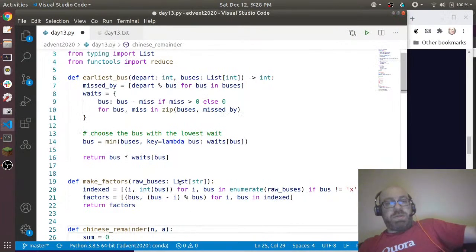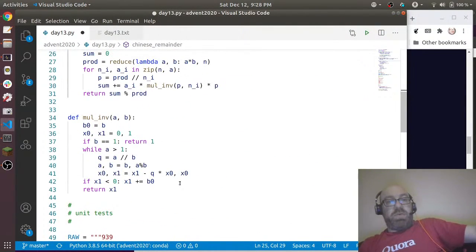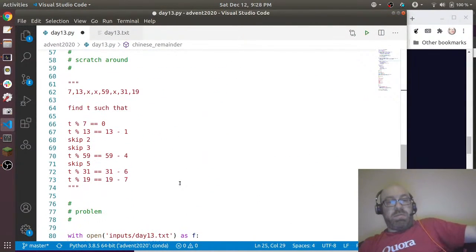And so you can see I wrote that down as: I want to find t such that t is a multiple of 7, t is 12 more than a multiple of 13 (which is 13 minus 1), so that 1 minute later will be a multiple of 13.